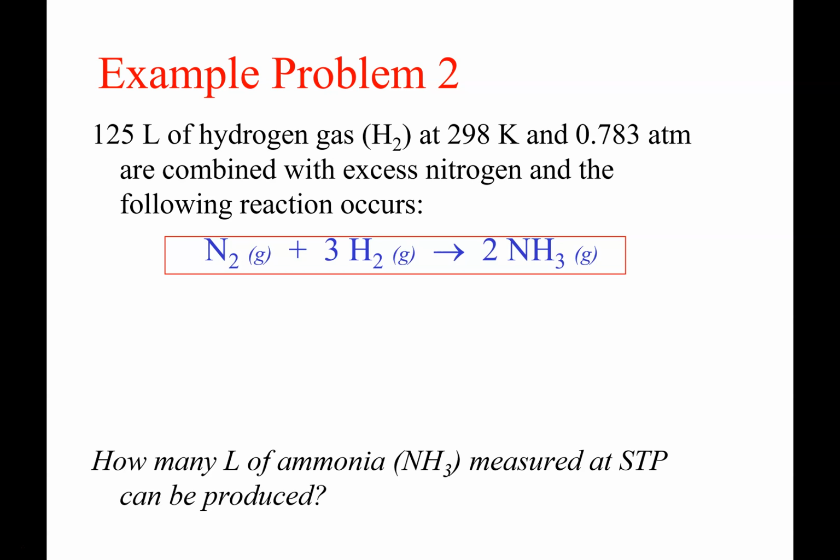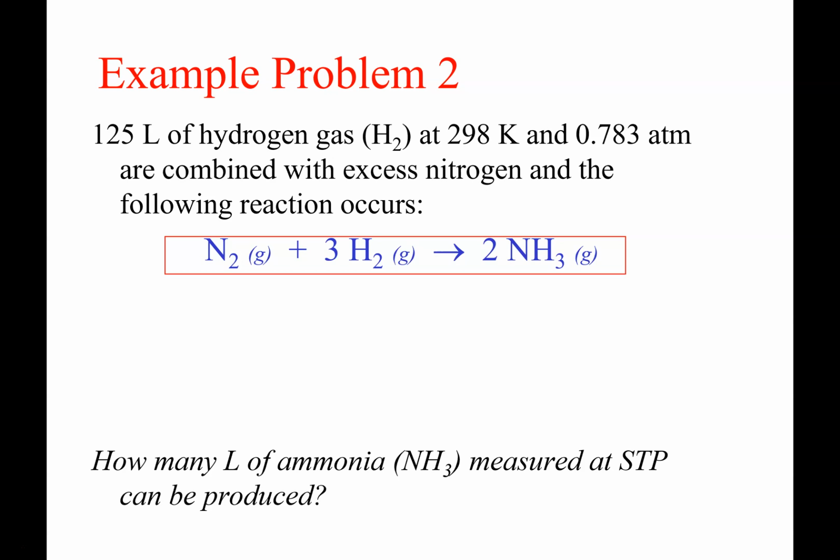Under the H2 gas, I'm going to put V is equal to 125 liters. T is 298 Kelvin, 25 Celsius. And P is equal to 0.783 atmospheres. Wow, we don't have to convert anything there. How fun is that?